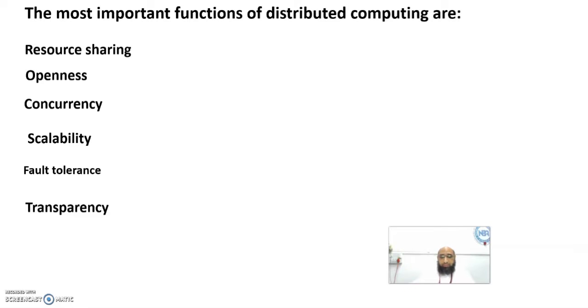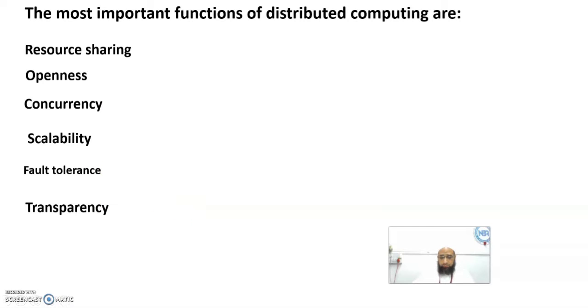How much access does one node have to locate and communicate with other nodes in the system? That is, the nodes are transparent in a distributed system. So these are the few important functions in distributed computing: resource sharing, openness, concurrency, scalability, fault tolerance, and transparency.